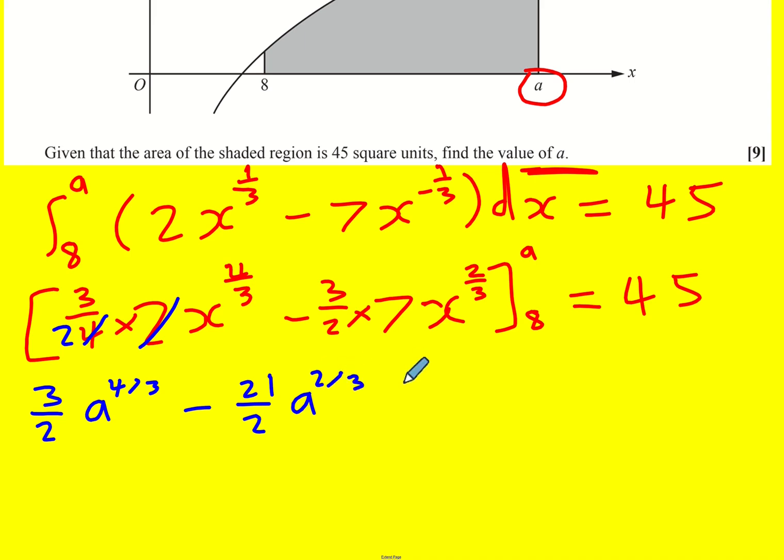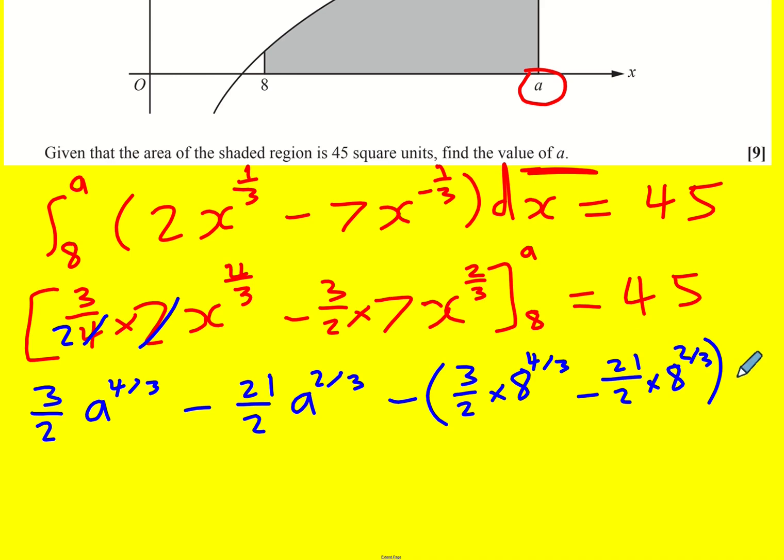That's my first bit. Minus bracket 3 over 2 times 8 to the 4 over 3 minus 21 over 2 times 8 to the 2 over 3 is equal to 45.